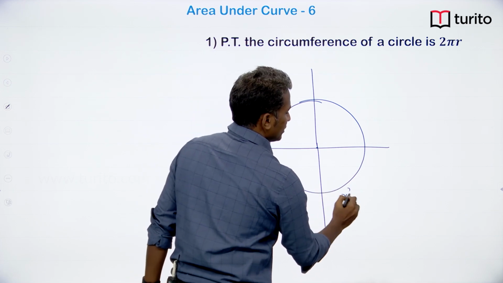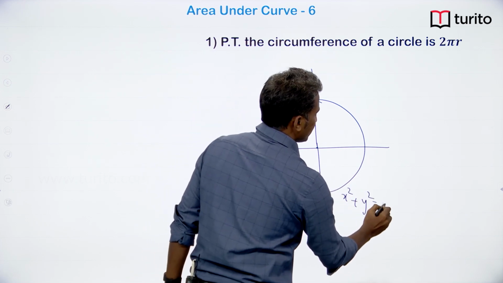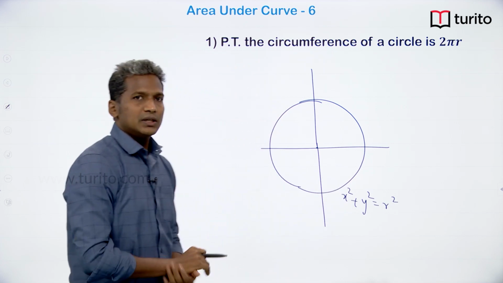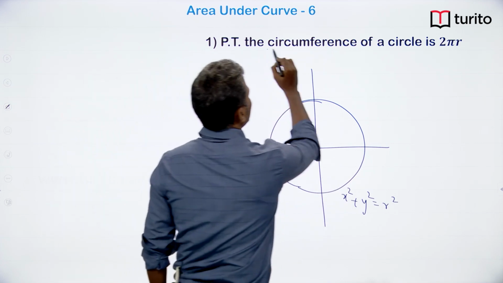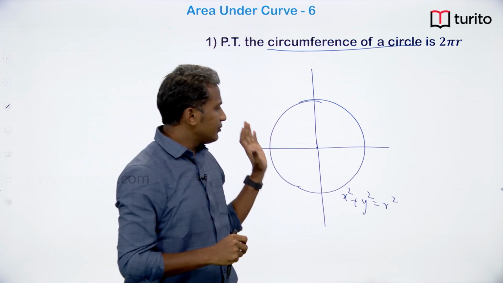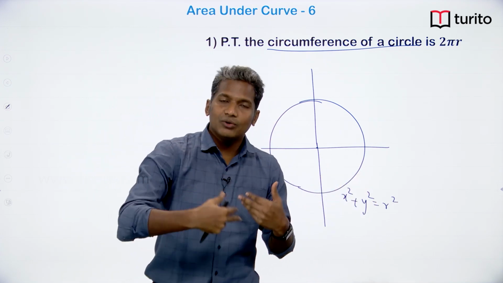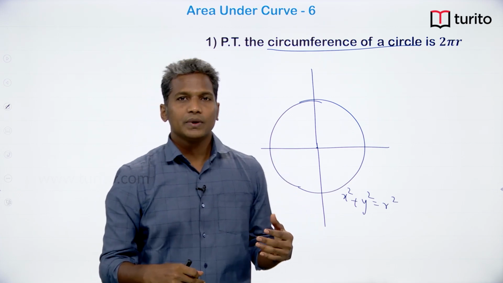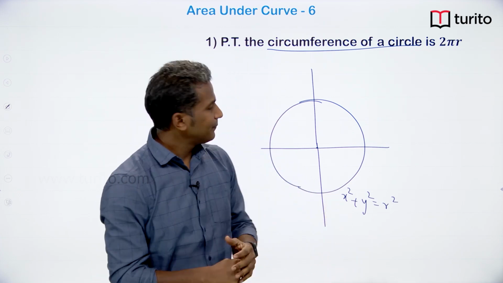So, the equation of the curve will be x square plus y square equal to r square. The statement is from pure geometry, but when we approach this, we have to define coordinates and the curve. You should not make any mistake in that.